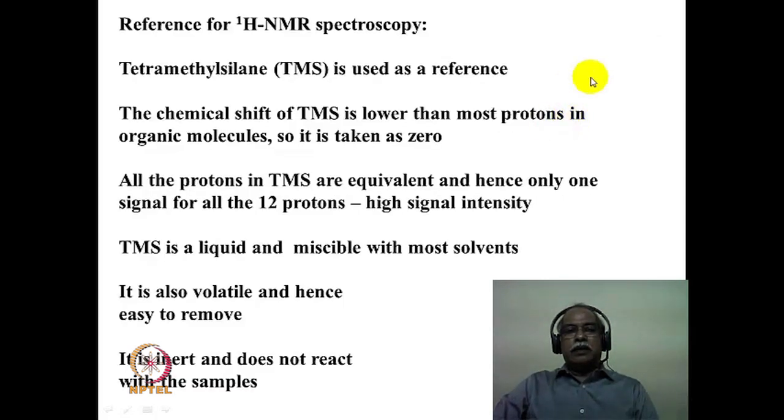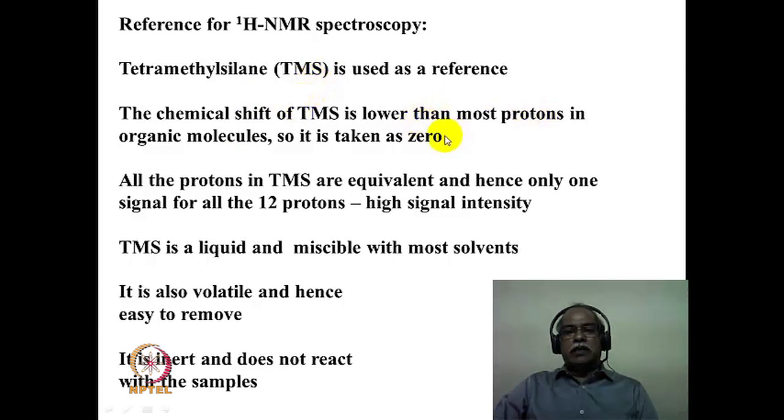Now, the reference that is normally used for proton NMR spectroscopy is tetramethylsilane. This compound is used as a reference for the following convenient reasons. The chemical shift of tetramethylsilane is lower than most protons in organic molecules because silicon is more electropositive than carbon.